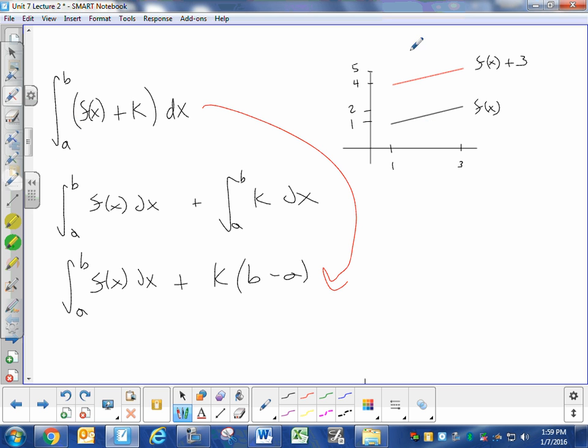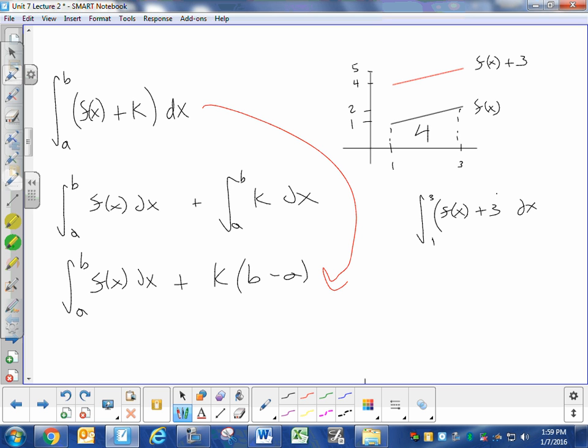In this situation, if we want to find the integral from 1 to 3 under f of x plus 3, and let's say we know that this area here is 4. Let's go from 1 to 3 of f of x plus 3.